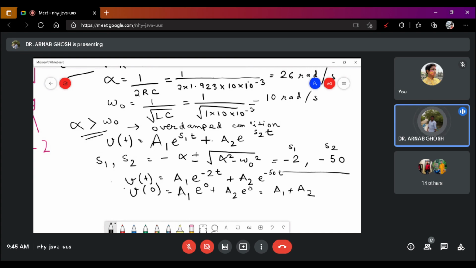And it has been given that this is equal to 5. So this is the first equation, A1 plus A2 is equal to 5.